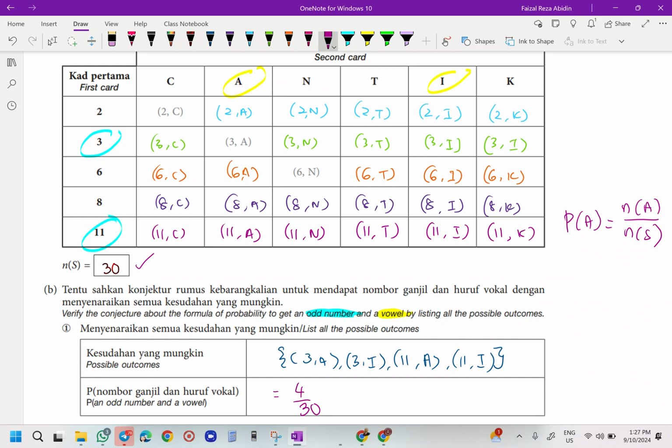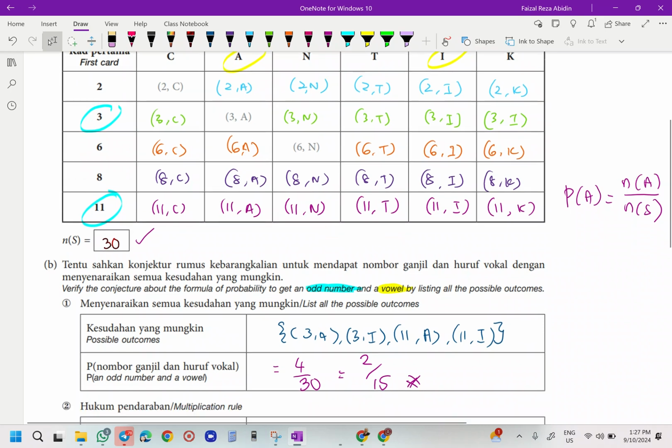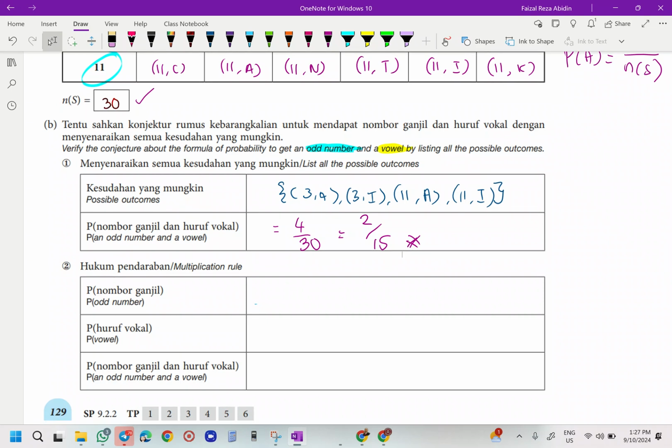Can we simplify? Yes. What do you get? 2 out of 15. That's going to be our probability for getting an odd number and a vowel. Can, class?